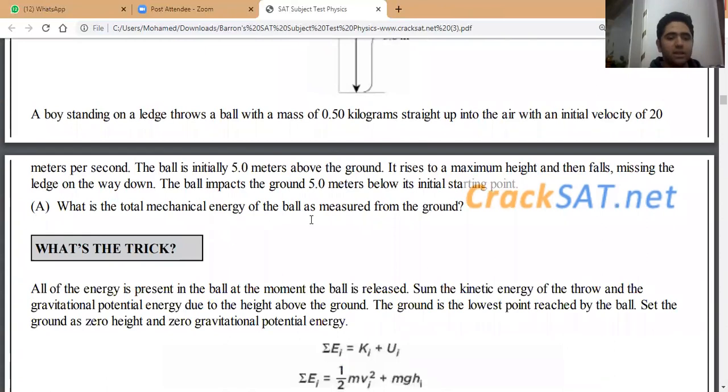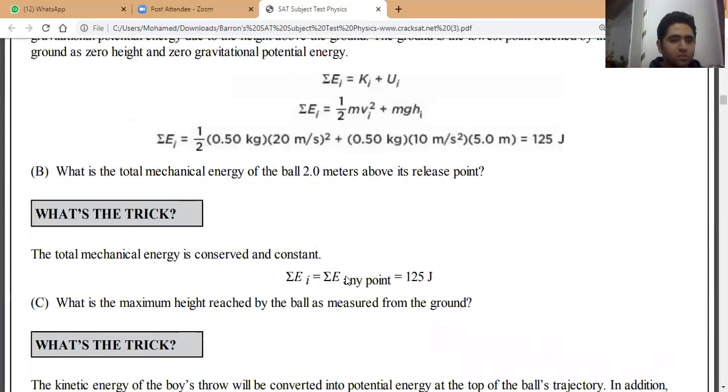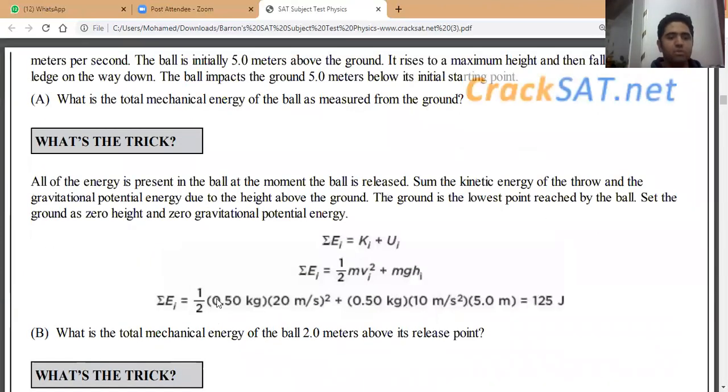What's the total mechanical energy of the ball as measured from the ground? Total mechanical energy is the same, so you can measure it at any point. Okay? And so you can say total mechanical energy is equal to half mv squared. So half m, well, the ball is half kilograms. V squared is velocity.